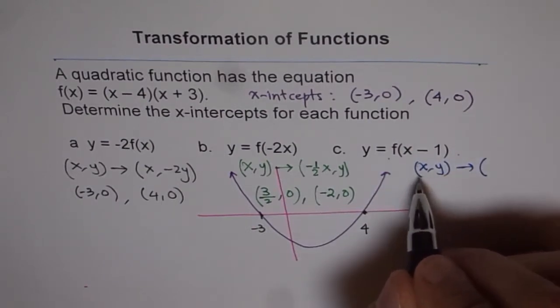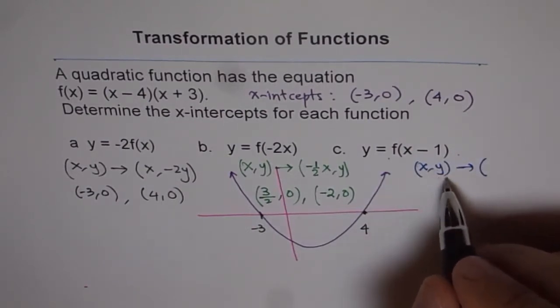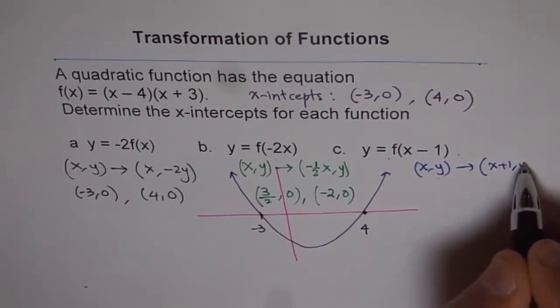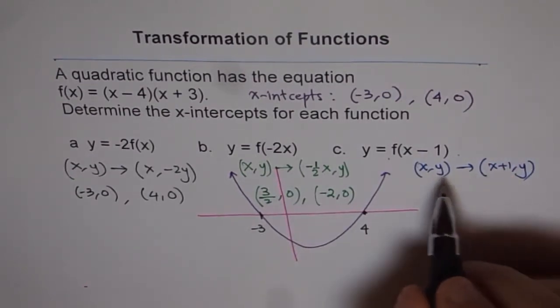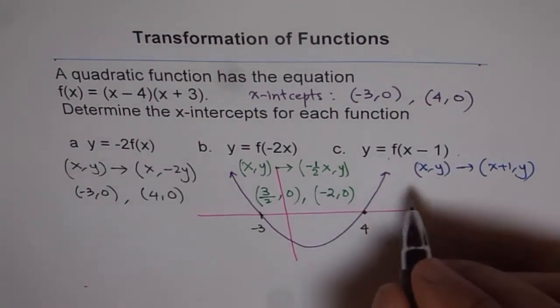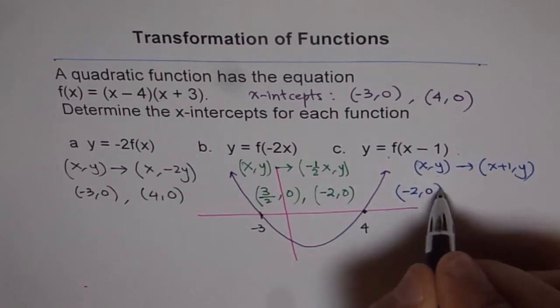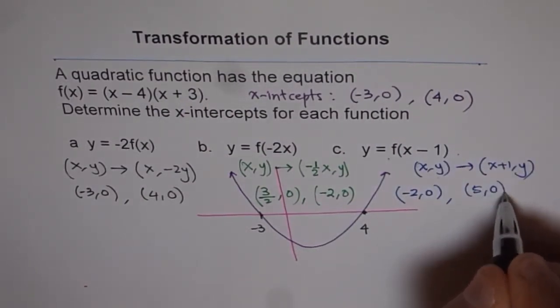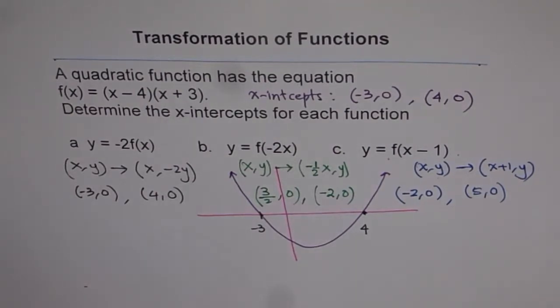So the original point (x, y) will be imaged to (x + 1, y). Therefore, the x-intercepts' new locations are going to be -3 + 1, which is (-2, 0), and 4 + 1, which is (5, 0). So these are the new locations of my x-intercepts for the three transformed functions given to us.